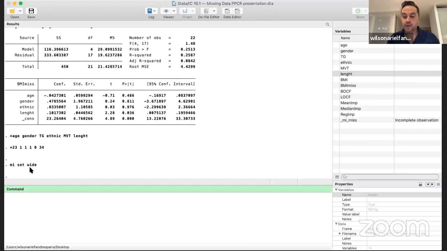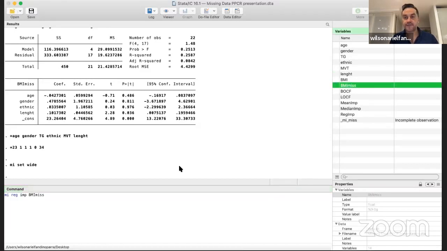to register the variable that you want to replace with missing data. Okay, so mi register imputed. In this case reg is not regression, reg is for registration. Register imputed, and then what is the variable that you're going to use.